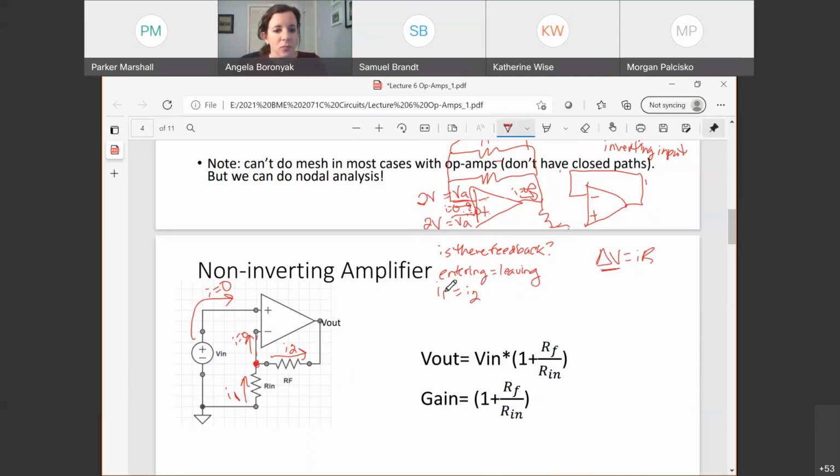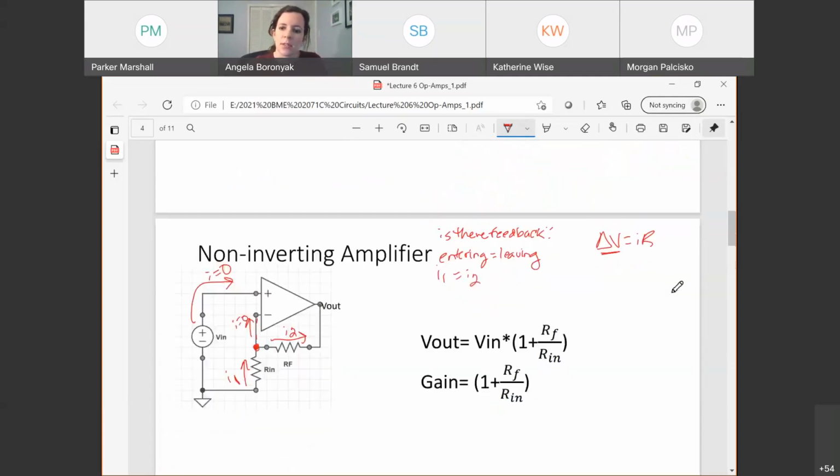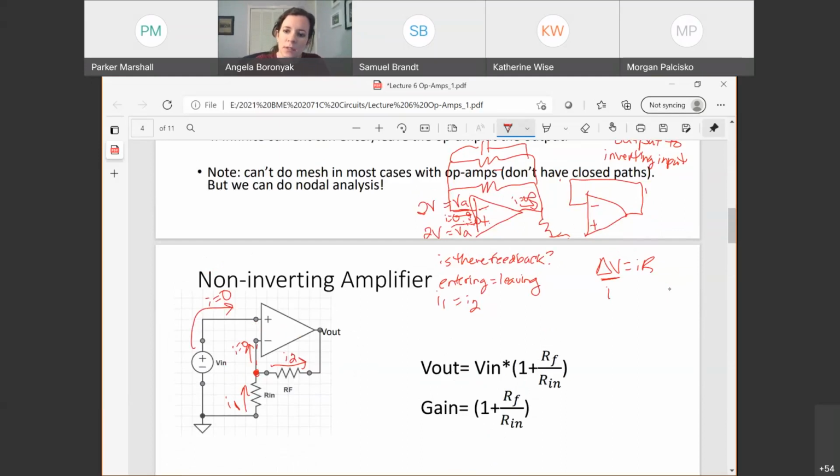Okay. I1. Here's I1. Based on its arrow, again, because the arrow said it was entering, so I have to keep up with that sign with nodal. It goes from what voltage to what voltage, or what's going to be my delta V? If I rearrange this to say I equals delta V over R as I do for nodal, I'm going to write I1.